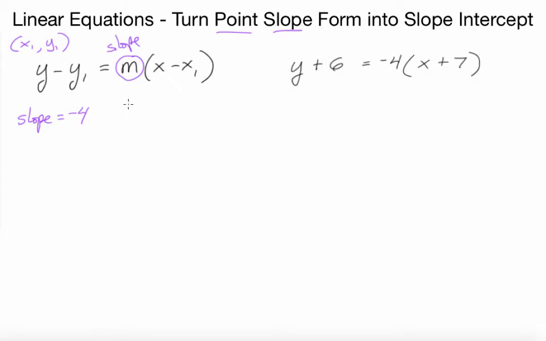And it's using a point with an x value of -7, because it's x minus whatever x1 is. Since this is x + 7, the negative sign changed it from subtraction to addition. So it's -7 for my x value and -6 for my y value.